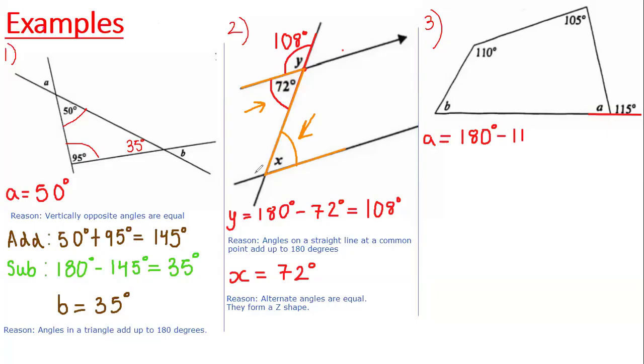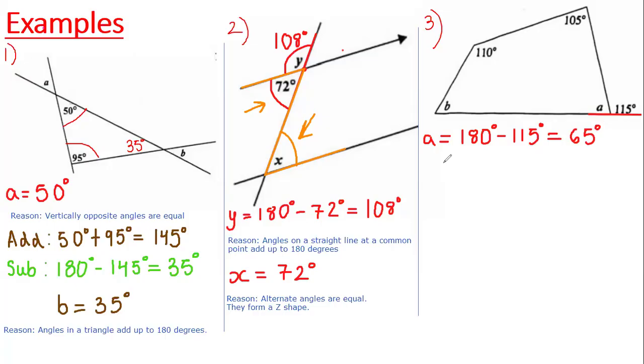So 180 minus 115 is equal to what? 65. Very good. 65 degrees.